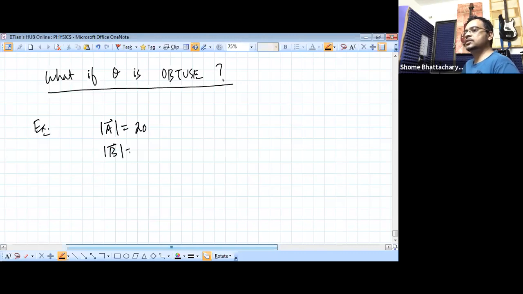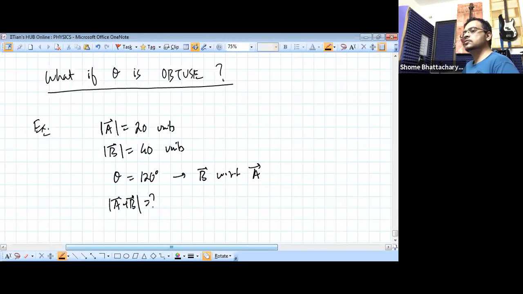Magnitude of B is, let us say, 40. But the angle between them, suppose theta is 120 degrees, angle of B with respect to A. Then how do we calculate magnitude of A plus B? And how do we come to know the direction of A plus B?